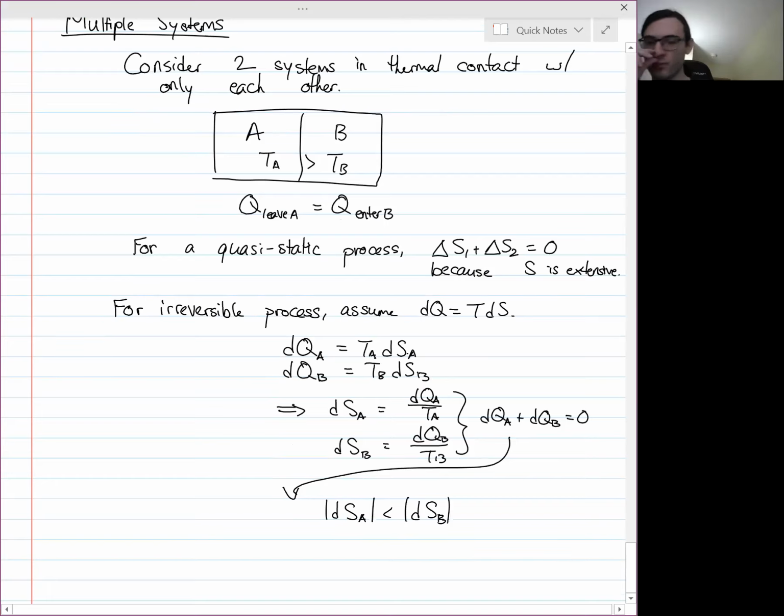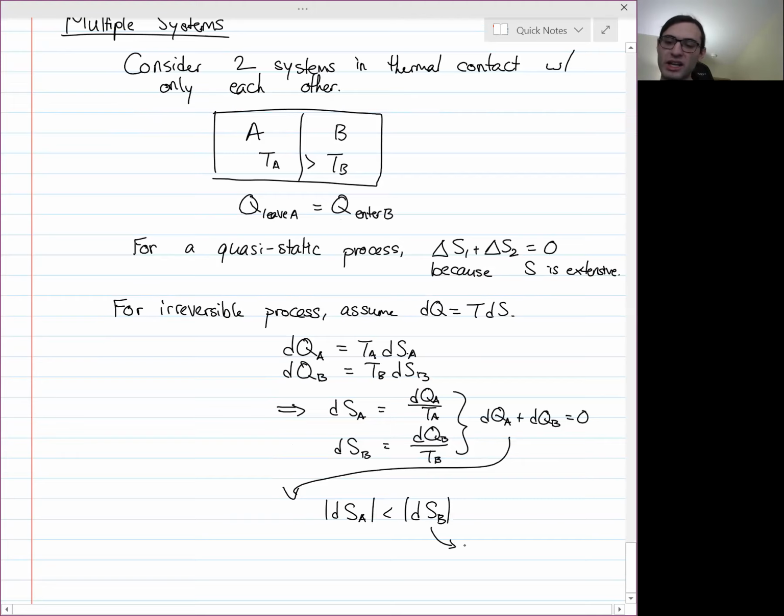Now, why is that? Well, the dq's on top are the same, but the temperature of system A is higher than the temperature of system B. And so that means that dS_B is computed by taking something that's the same as dS_A and dividing it by a smaller number, as opposed to dividing it by a larger number.